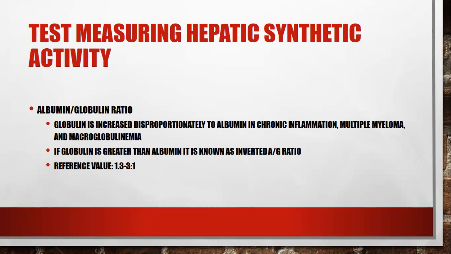If globulin is greater than albumin, it is known as inverted albumin globulin ratio, and the serum and even urine protein electrophoresis may help define the clinical situation. Your reference value would be 1.3 to 3:1.